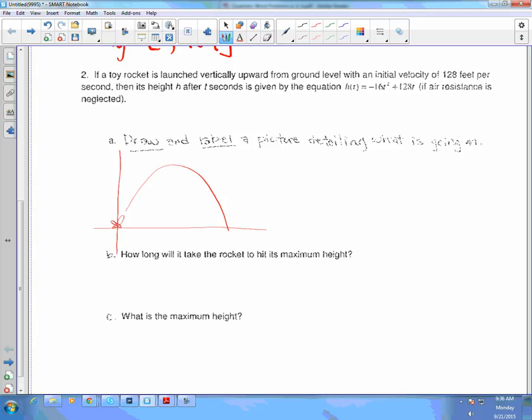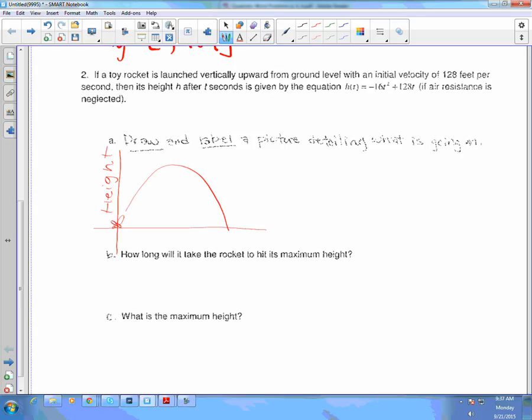So the y-axis, what's that measuring? What's the y-axis measuring for the rocket? The height. Does that make sense? So that's what we're answering. Does it make sense that up and down is height? So you need to label it. Okay?